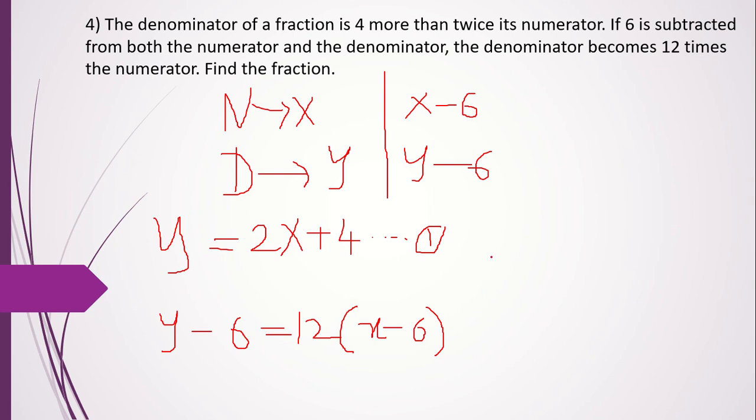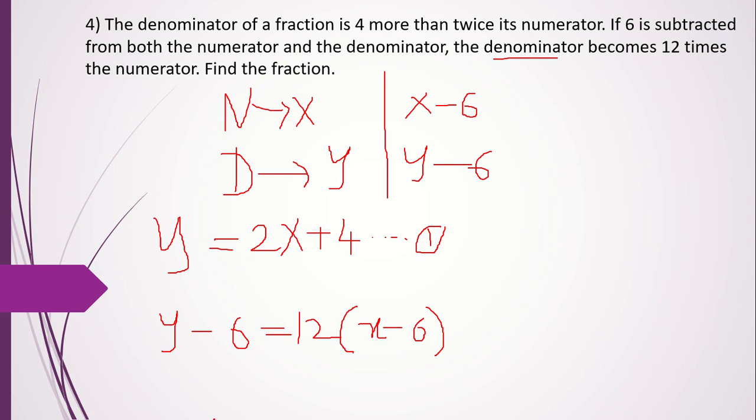Okay, I will repeat once again both the conditions. The denominator of a fraction is 4 more than twice its numerator. We have assumed numerator x, denominator y. 2 times the numerator, 4 more is denominator. And then if 6 is subtracted from both the numerator and denominator, the denominator becomes 12 times the numerator.